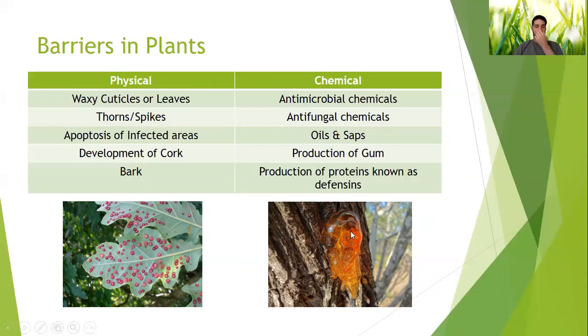So you can see here, we've got an oil or a sap growing out the top of the tree. That would be used to sort of trap pathogens and repair cuts. Production of gums, and they also produce these proteins called defensins, which help fight off pathogens as well. So here you can see a chemical barrier. This one on the left is an example of what are called galls, which are sort of sealed areas that actually trap the pathogen inside.